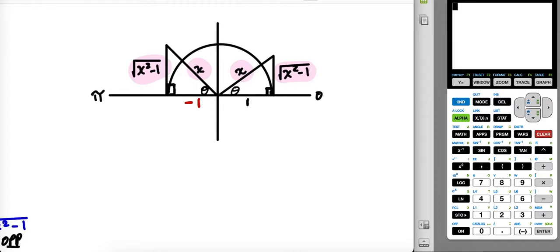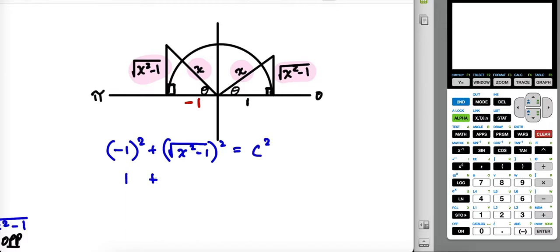And really that's it. I can just show it real quick. So negative 1 squared plus the square root of x squared minus 1, squared, is equal to, I'll call it, c squared. So 1 plus x squared minus 1, we're looking at x squared is equal to c squared.